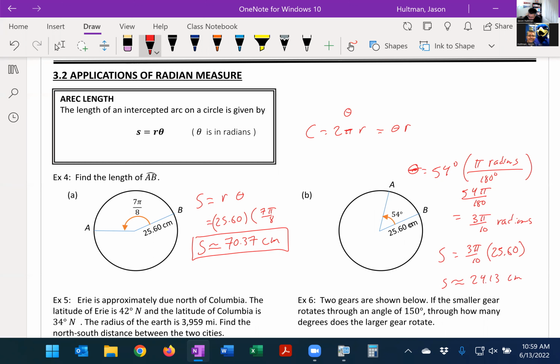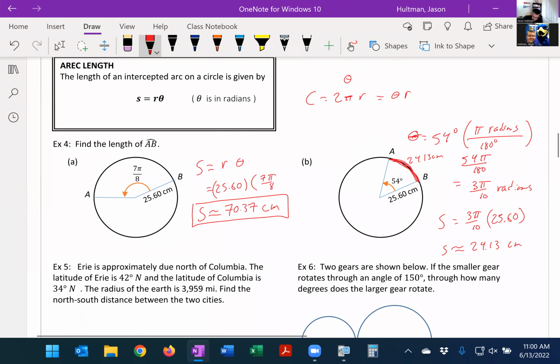24.13 centimeters. And what is this telling me? It's telling me that this measurement from A to B, if I were to make that a piece of string and then measure that piece of string, that piece of string would be 24.13 centimeters long. It's a little less than 1 radius, but it is the arc length.